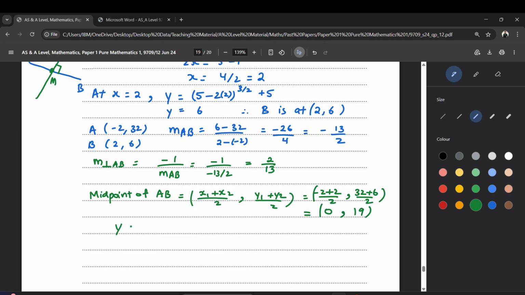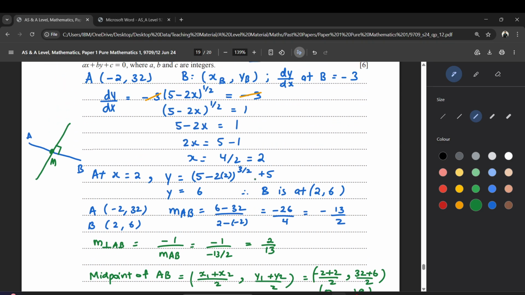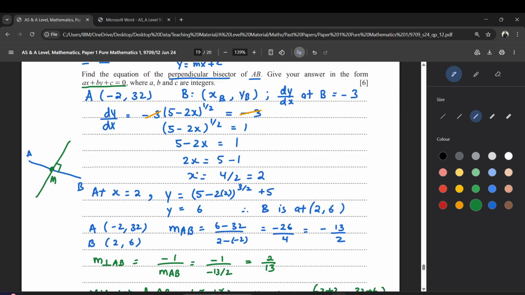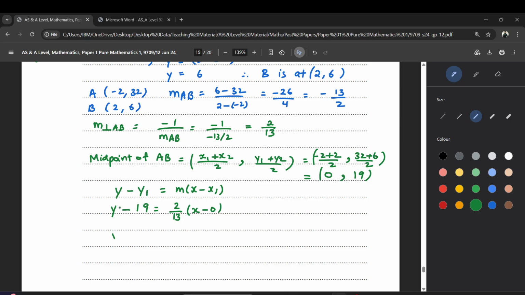Now we can use the equation y minus y1 equals m times (x minus x1), because now we have complete information. For the perpendicular bisector, we know its gradient, and we also know one coordinate through which that line passes, which is the midpoint. So y minus 19 is equal to 2 over 13 times (x minus 0). Have they specified any form? Yes, they have asked you to give it in this form. So I'm going to multiply 13 to the other side.